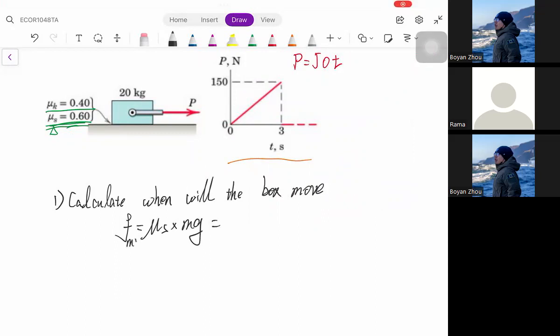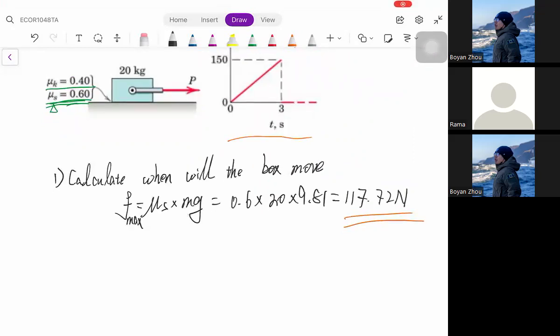That is equal to 0.6 times 20 kilograms times 9.81, which is equal to 117.72 Newton. So that means we need 117.72 Newton to actually move this box.